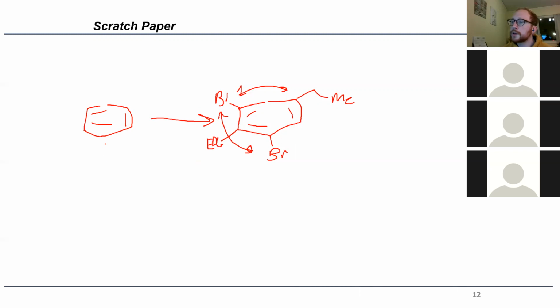And so I'll do a nitration reaction, then a hydrogenation reaction, and then a protection.